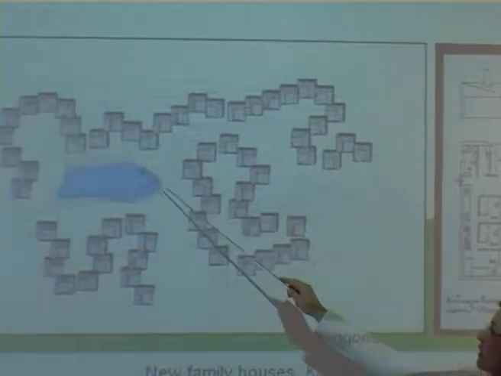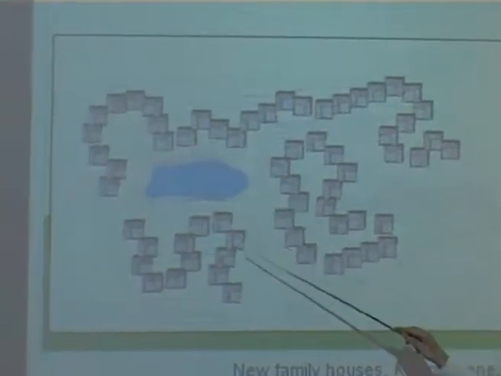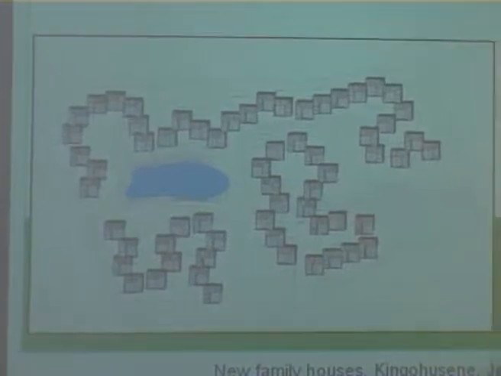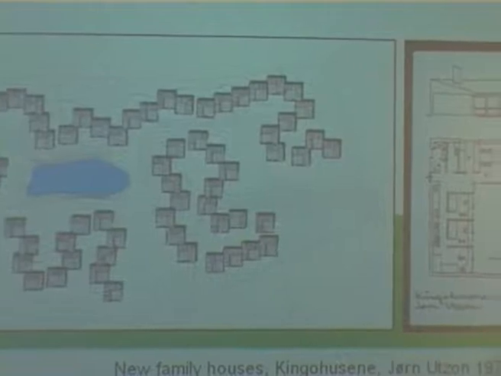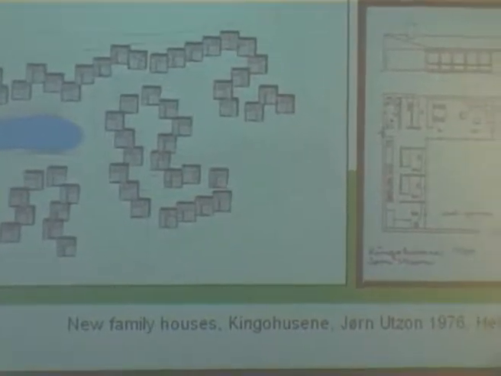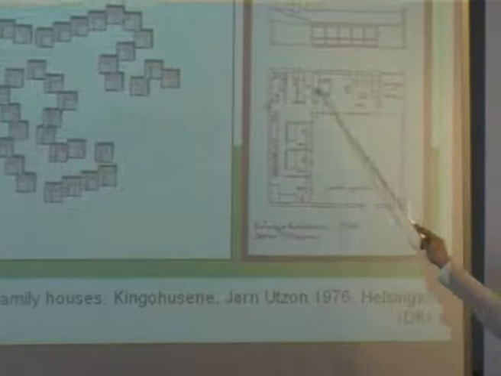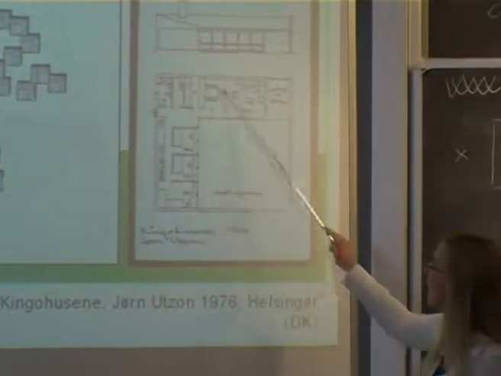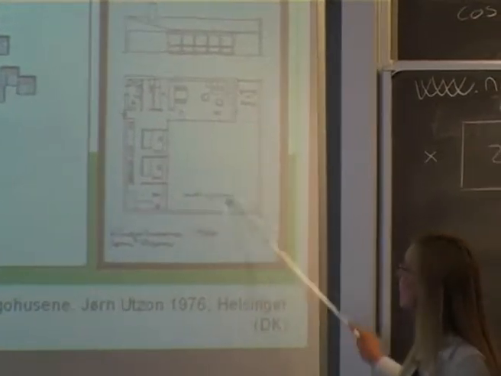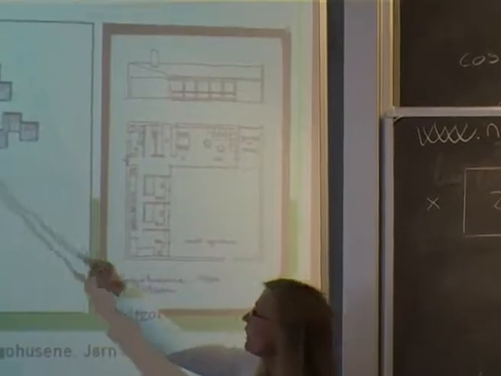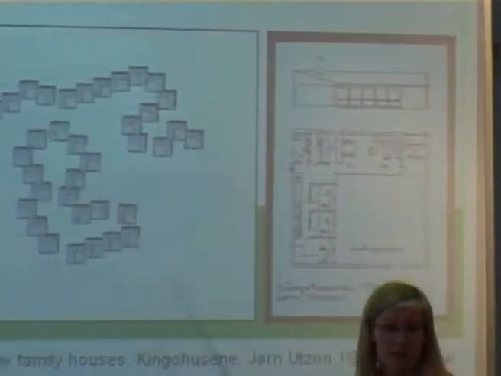Here you can see how they all have the courtyards more or less next to the lake, or maybe to consider the light and the sun from the south and the west in the courtyard, because you want to be able to sit in the sunshine in your courtyard. So all of this design inside the house is related to the courtyard, which is related to how it's planned in this system.